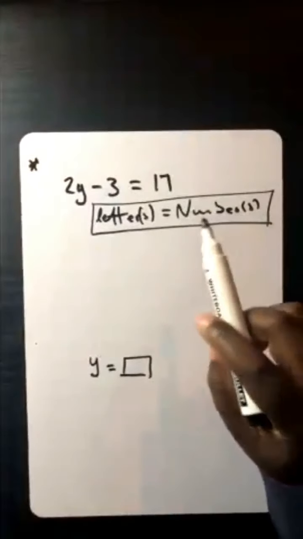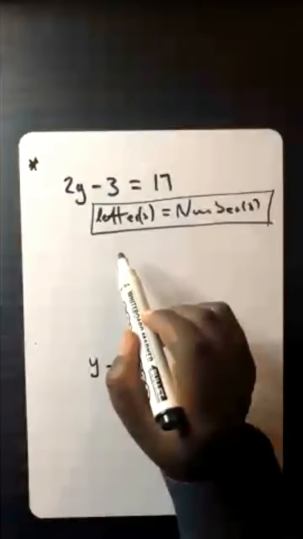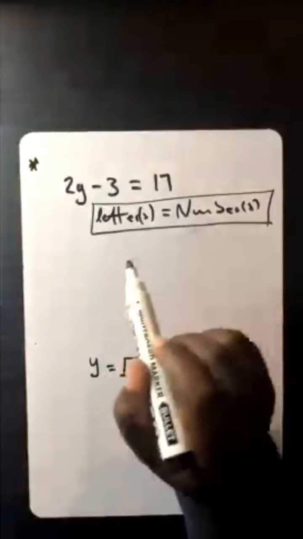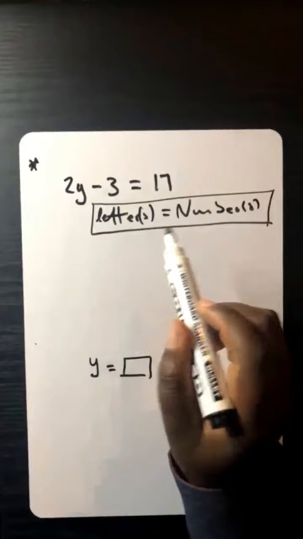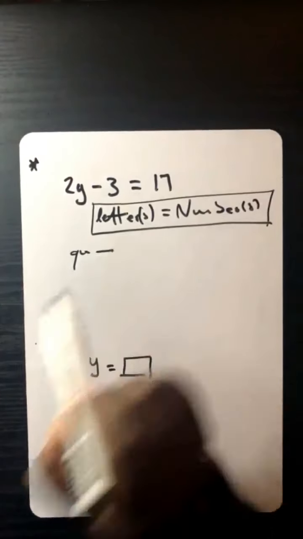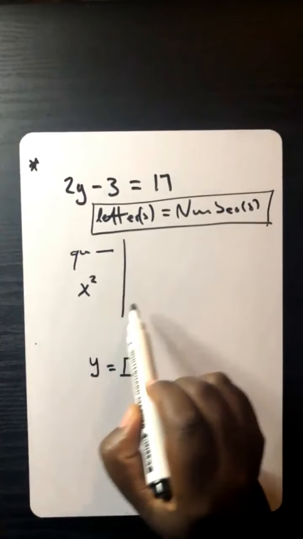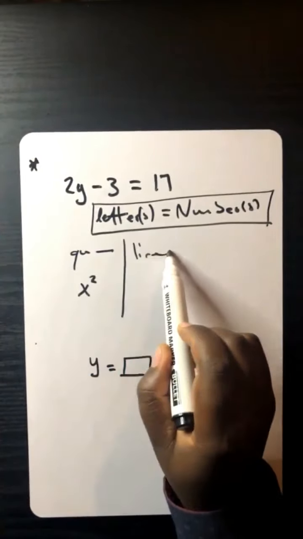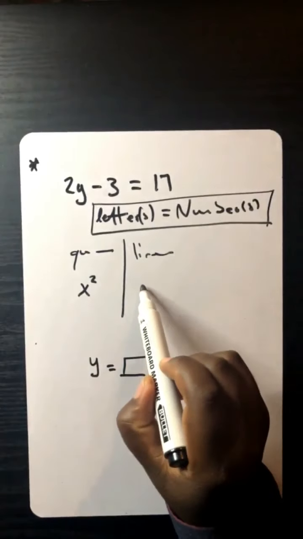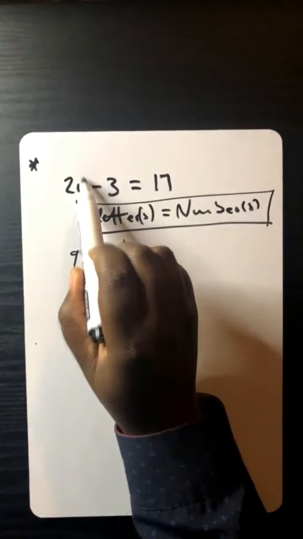For example, if you've got a different type of equation, remember we've got a quadratic equation which can be seen by letter squared, and again you've got a linear equation which is just a letter to exponent 1, just like that one. You can see it's letter to exponent 1 over there.